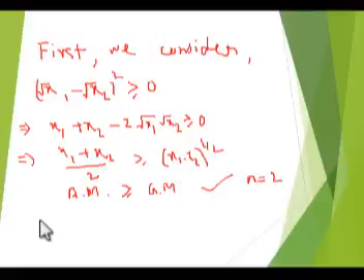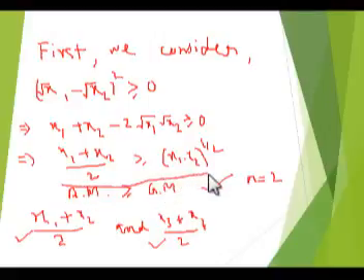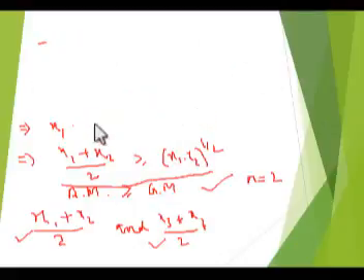Now we will take in this form the two quantities: x1 plus x2 by 2, this is the first quantity, and x3 plus x4 by 2, this is the second quantity. And we will use this inequality relation. So what you will get?